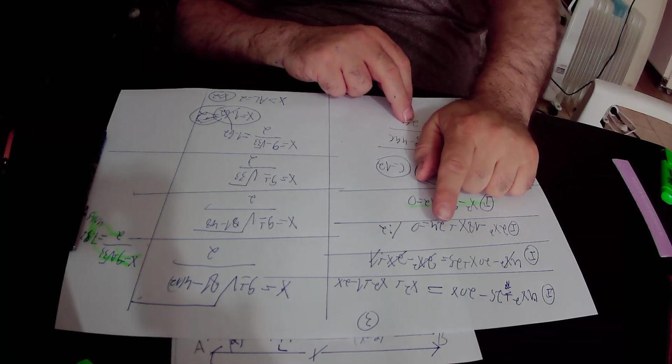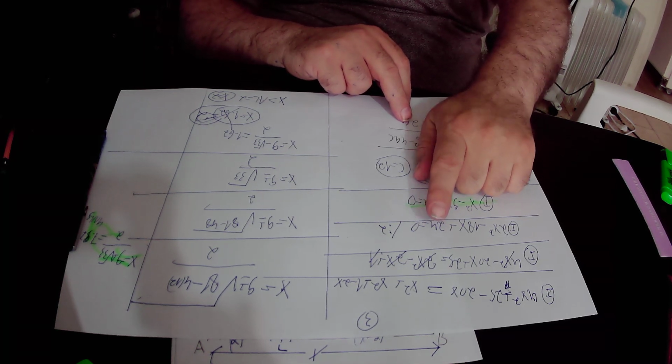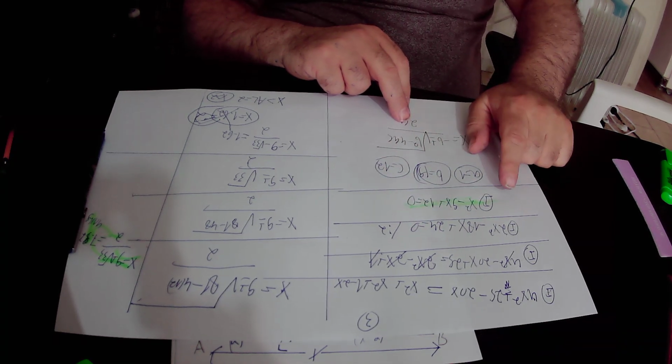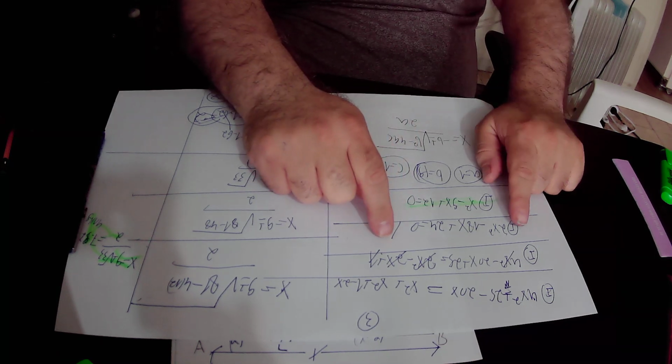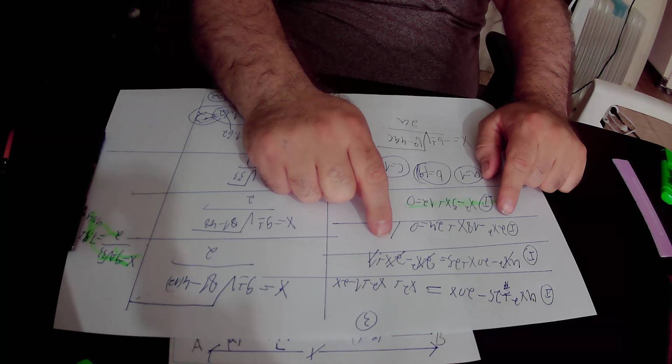On the other side of the equation we have X squared plus X squared, that is 2X squared, minus 2X plus 1. We subtracted 2X squared from equation number 1, and found out that 4X squared minus 2X squared is 2X squared.